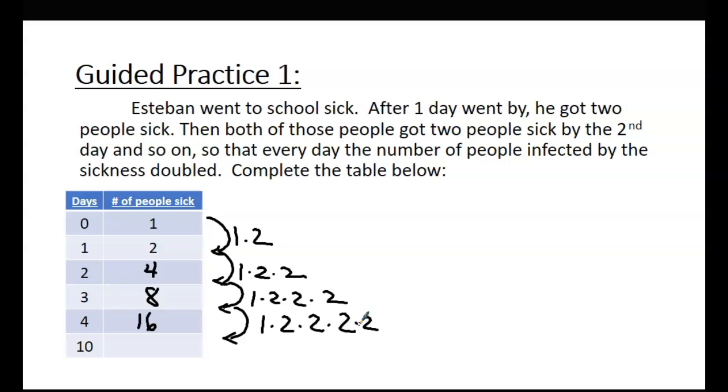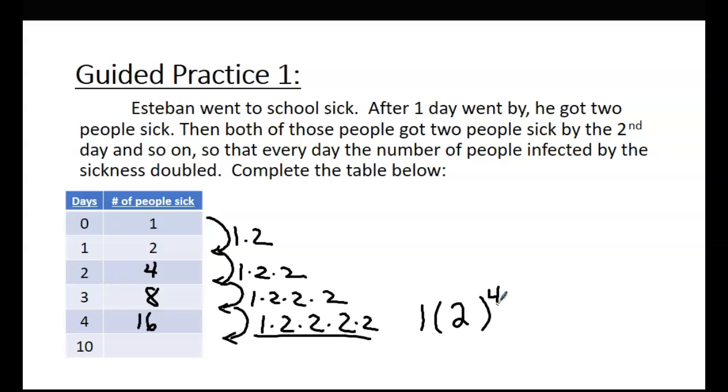So what's a better way to write this expression rather than just putting 1 times 2 times 2 times 2? How about 1 times 2 to the power of 4? Okay, so since this thing is increasing by multiplication every time, multiplying the same thing repeatedly, you get an exponent, okay?